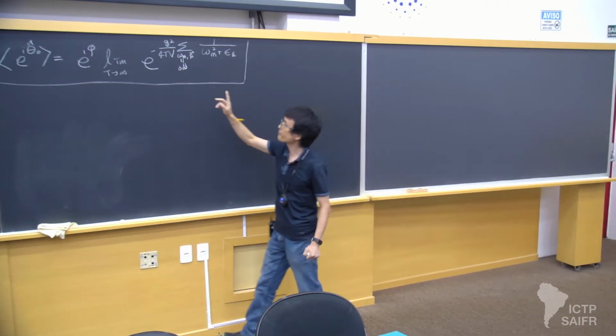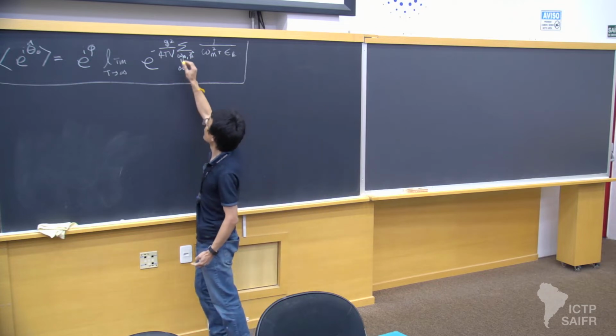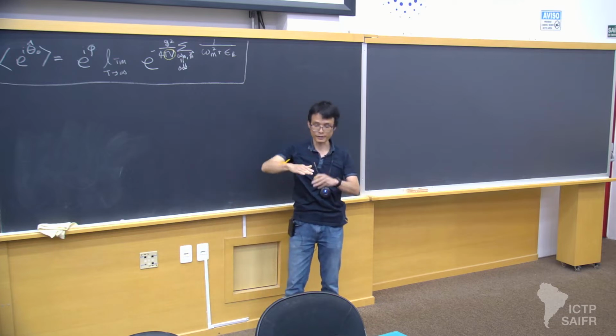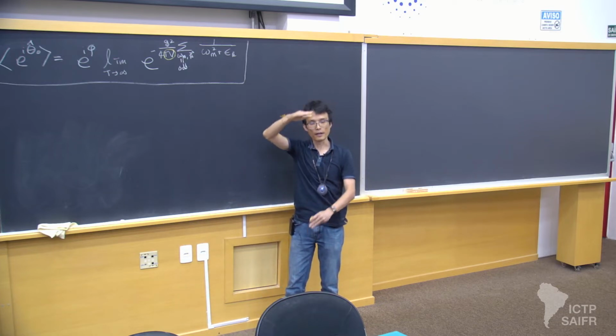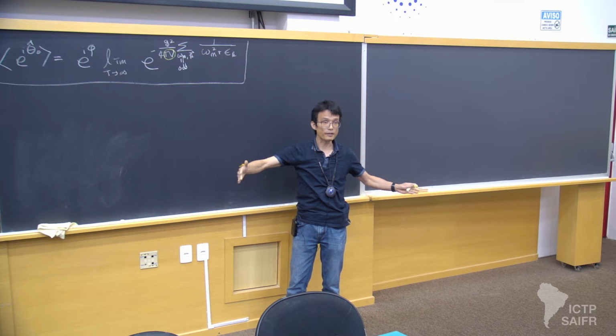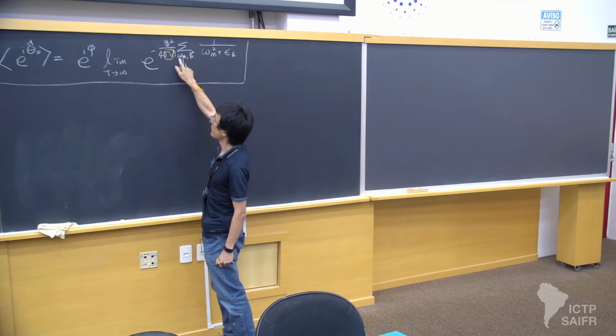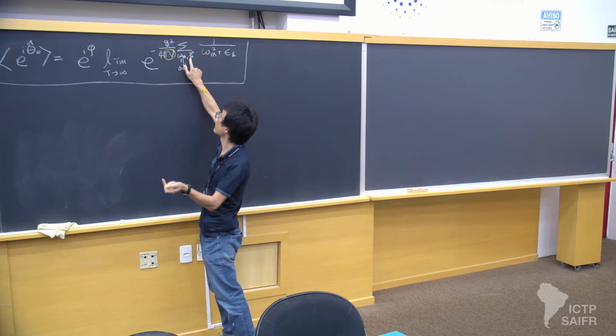First, let's understand why there is a factor of 1 over t and 1 over v here. T is the time, and v is the system size in space. Let's focus on one mode with some particular frequency and particular momentum.